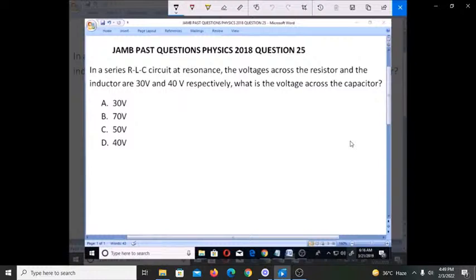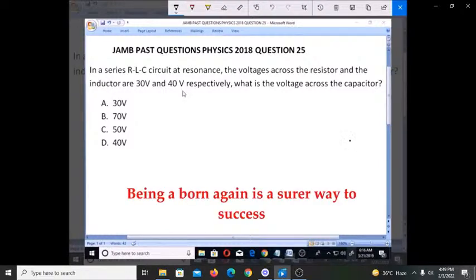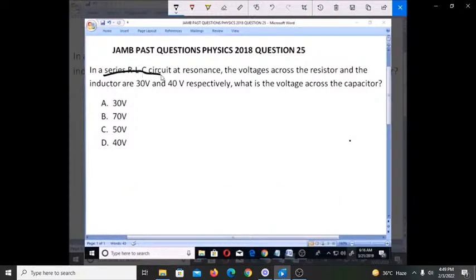Now, for us to be able to appreciate this effectively, we need to know what resonance in a series RLC circuit is. What is the significance of resonance in a series RLC circuit?